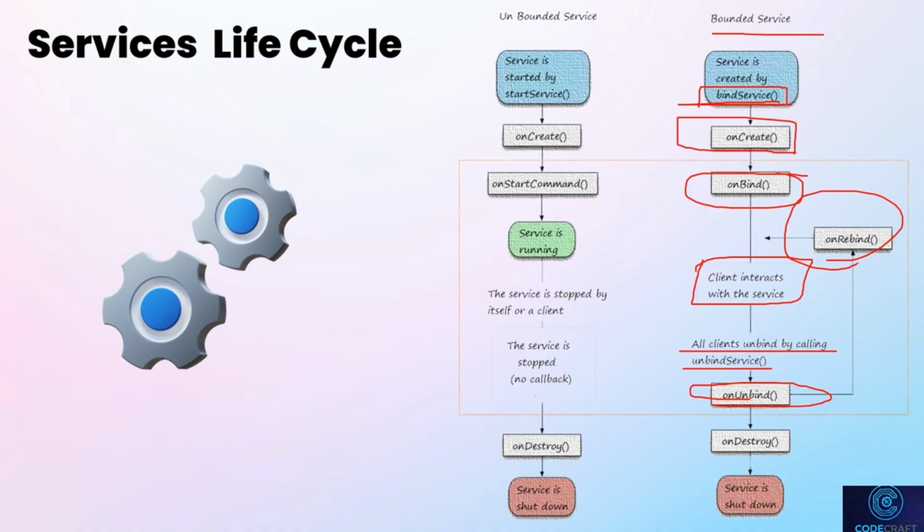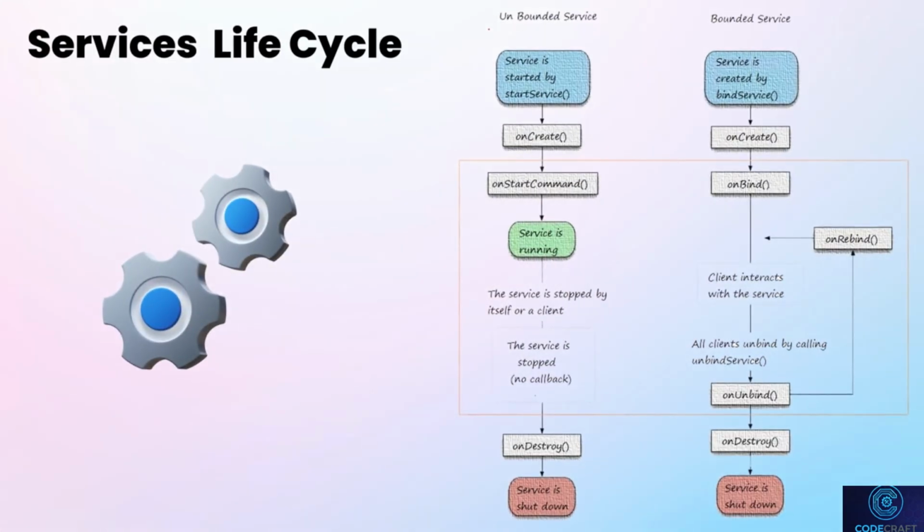This method is called when a component that was already bound to the service rebinds using the bindService method. And the onDestroy method, similar to unbound services, is called when the service is about to be destroyed. Perform cleanup tasks here.